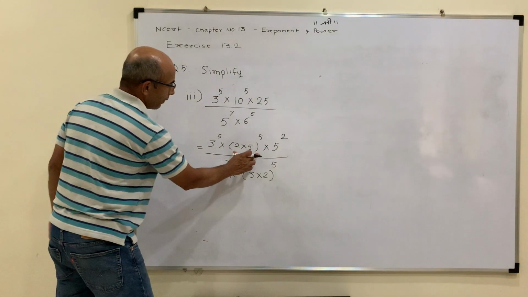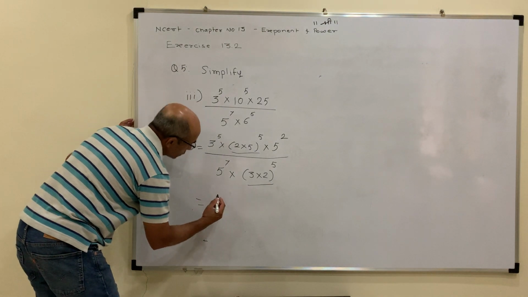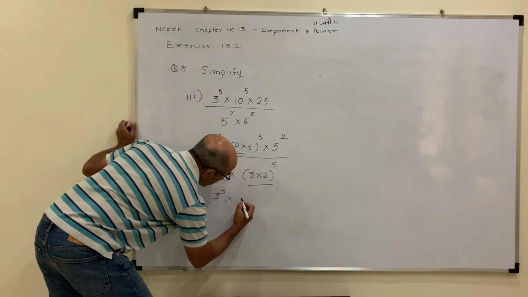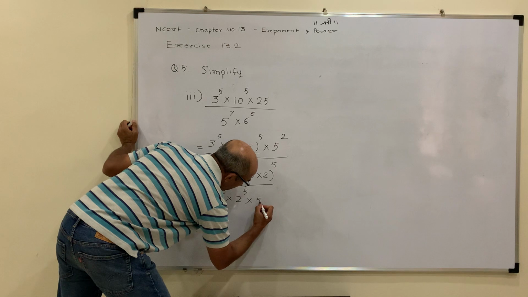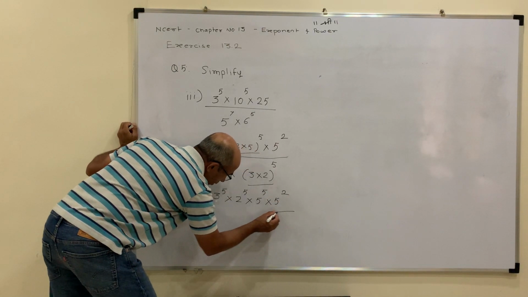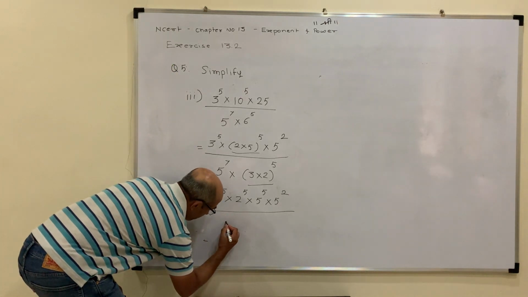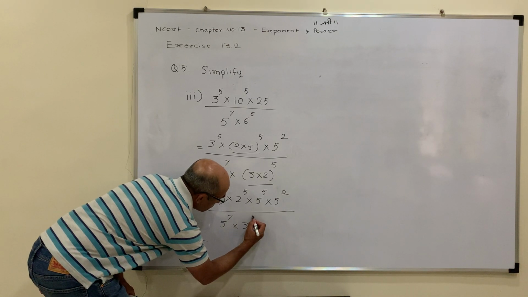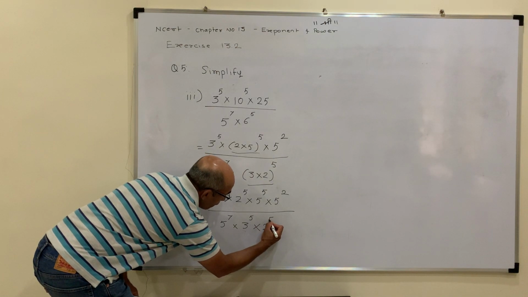So now I'll simplify this in the next step. So 3 raised to 5 into 2 raised to 5 into 5 raised to 5 into 5 square on the numerator side. And on the denominator side, 5 raised to 7 into 3 raised to 5 into 2 raised to 5.